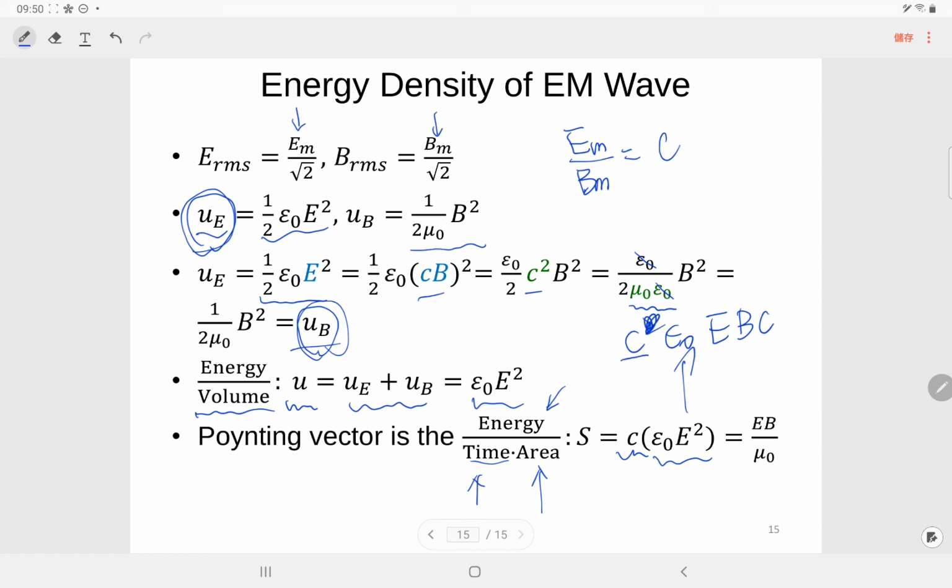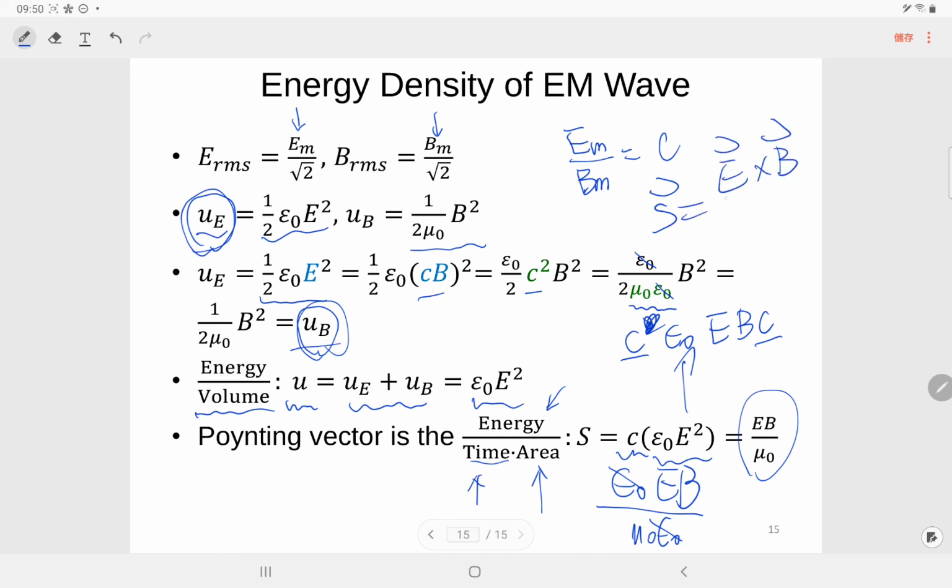And then totally we have c squared, so it becomes 1/mu naught epsilon naught, and then we have epsilon naught EB. So you can cancel epsilon naught. So that's why the Poynting vector is E vector cross B vector over mu naught, which you'll see in the textbook. So it's something like this.